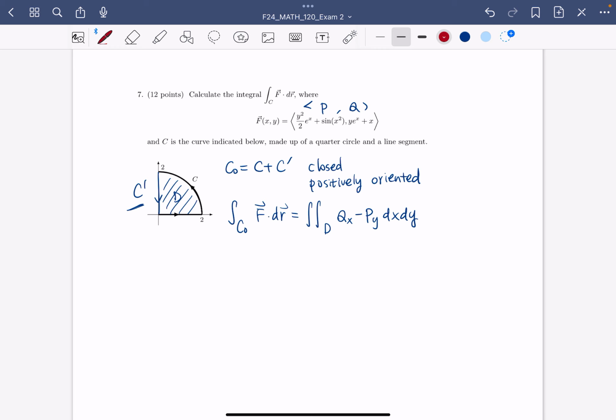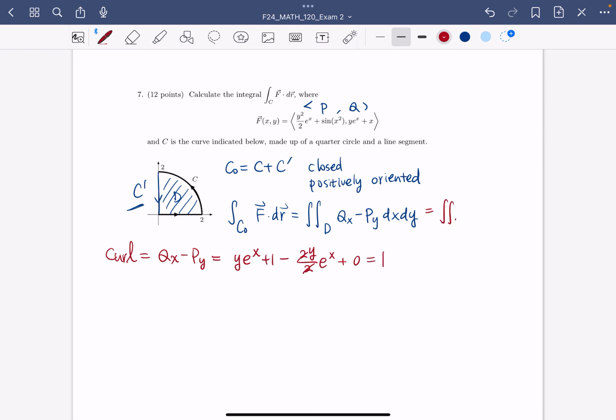So let's compute Q_x minus P_y, the curl, which is y e^x plus 1 minus 2y over 2 e^x plus 0. And so in total we get 1.